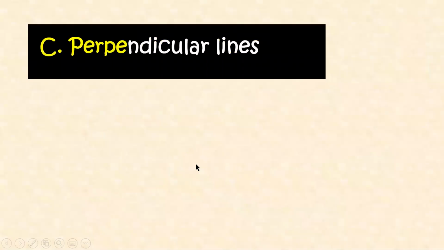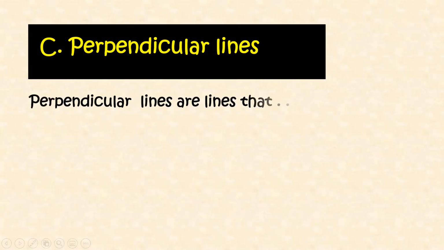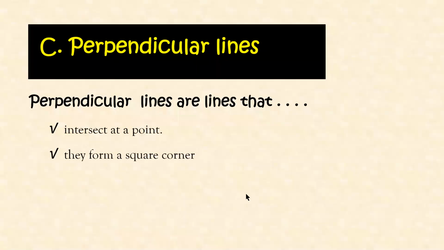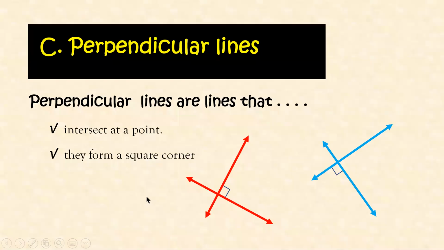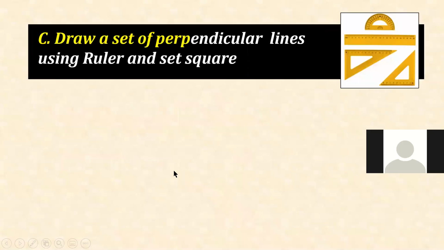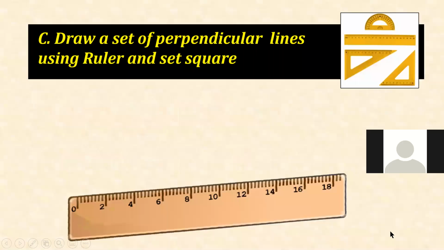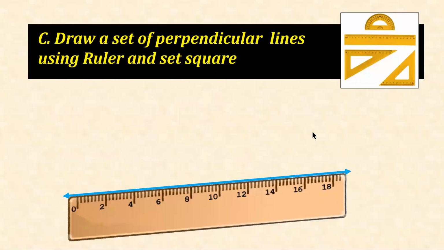So let's now go to how to draw perpendicular lines. Perpendicular lines are lines that intersect at a point. They form a square corner. So this is how you're going to draw a perpendicular line using a ruler.